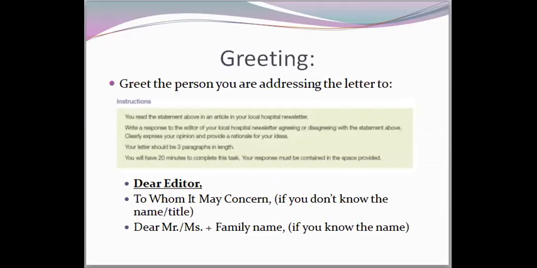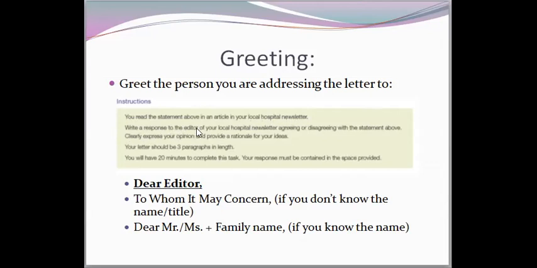So looking at the beginning greeting of your response, in the instruction, it tells you who you are writing the letter for. It's usually the editor of the hospital newsletter, but look at the instructions because they tell you. So in this case, it says, you read the statement above in an article in your local hospital newsletter.